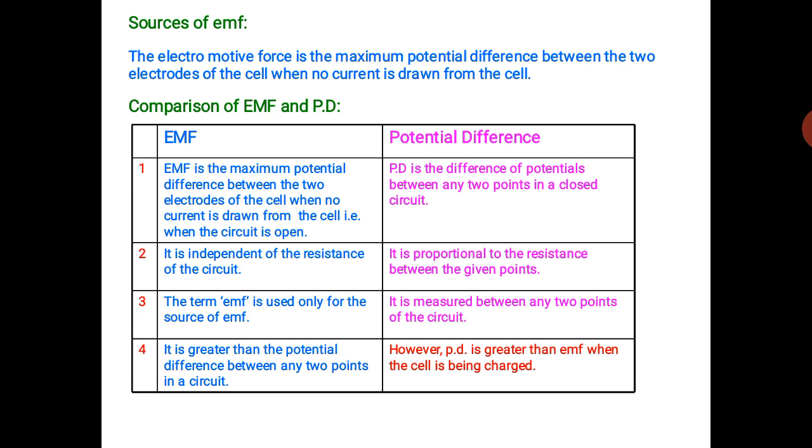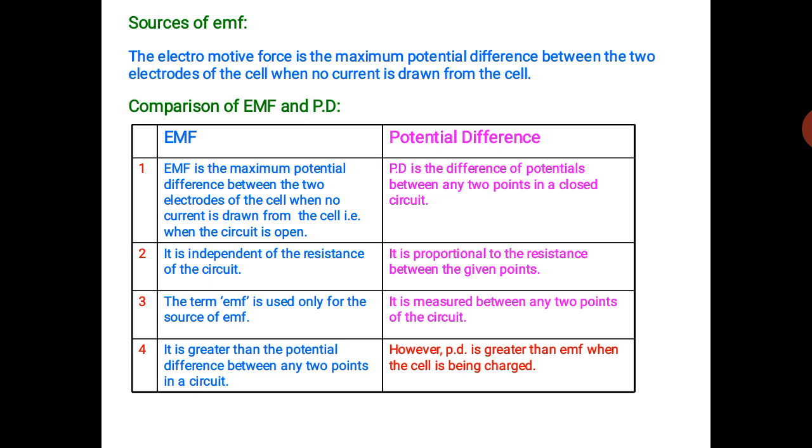Okay. Next, second one is, it is independent of the resistance of the circuit because the cell is not in use or the circuit is open. And the potential difference, it is proportional to the resistance between the given points. If the resistance is more, we are getting more potential difference.